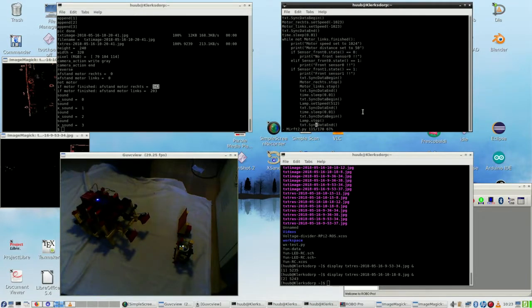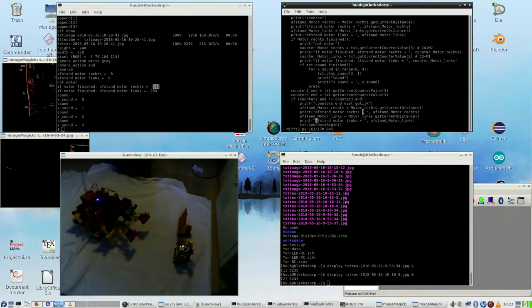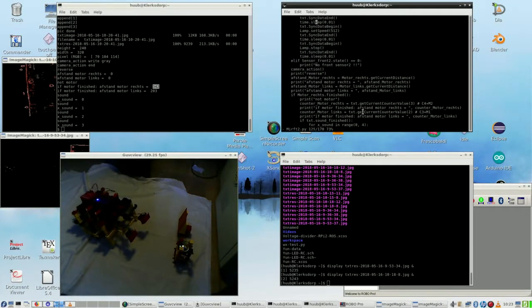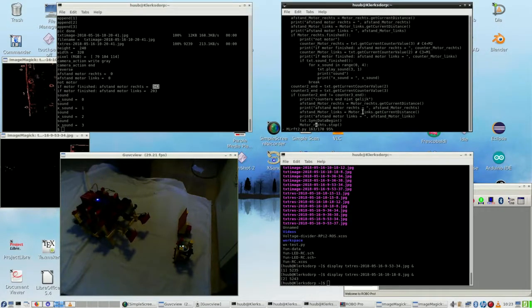Which leads to the question, what to do? How do I get a nicely walking robot without any of these things interfering? Because this counters and not gelijk, niet gelijk, and I'm not seeing that either. So, which is strange.